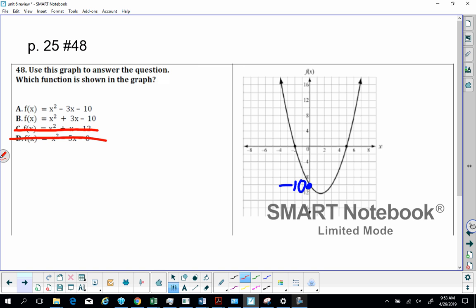You're just seeing whether the points are the same. And so once you find your zeros, if you typed in answer choice A, you should see that your zeros match. There's a 0 at -2, and there's a 0 at 5. Next question.